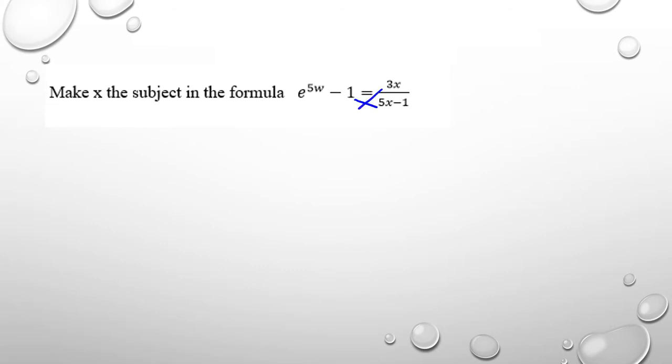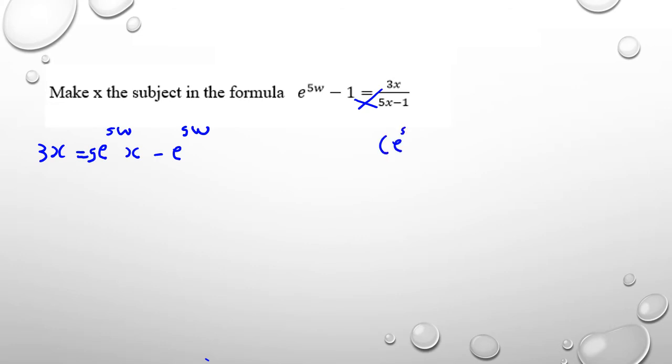So you cross multiply, so you'll have 3x equal, so you multiply those two together, so you will have e to the power of 5w times 5x, so it's giving me 5 in here and x in here, minus e to the power of 5w. I probably will do the expanding on the side just for the people.